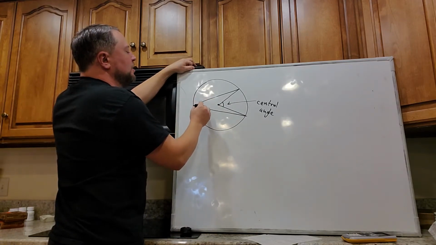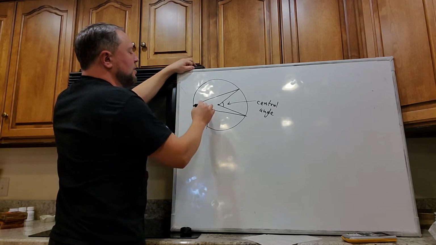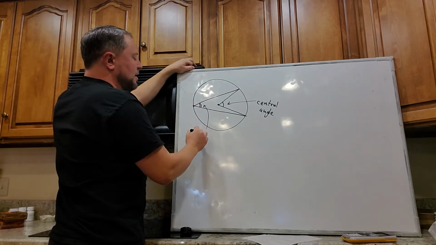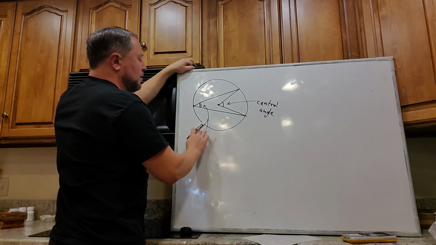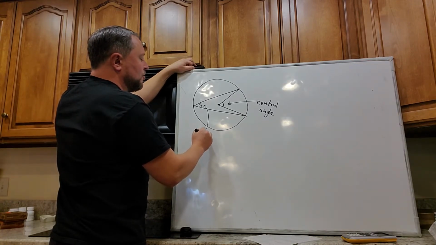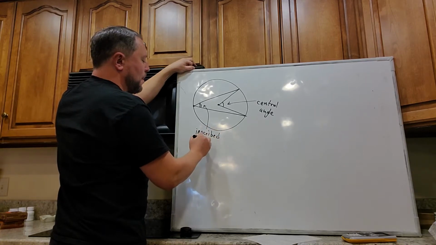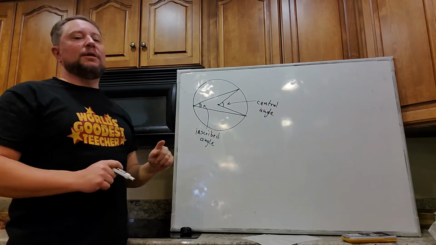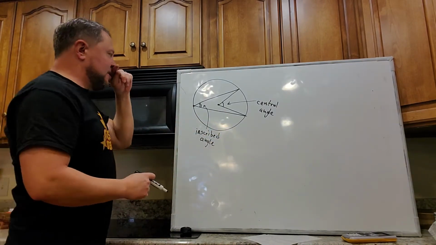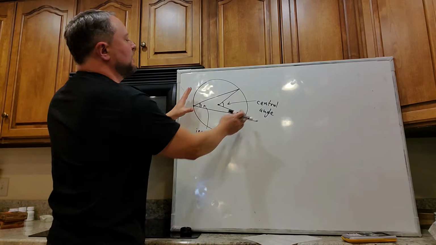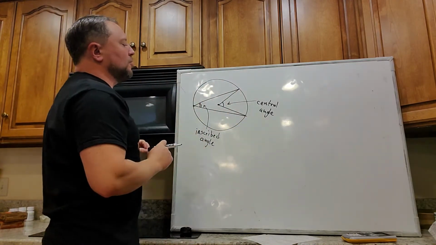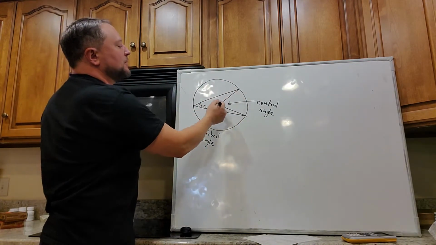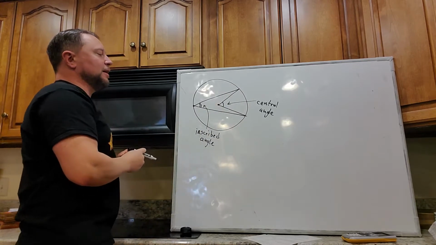An angle clear in the back like this, with its vertex on the circle itself, is what we're going to learn about today, and it is called an inscribed angle. Remember, to inscribe means to fit inside. So as you can see, this angle fits perfectly nice and neat inside of the full circle, instead of stopping at the center of the circle like the central angle did.